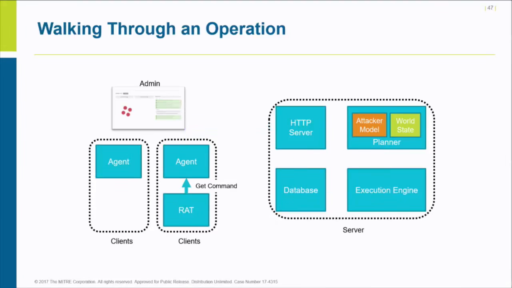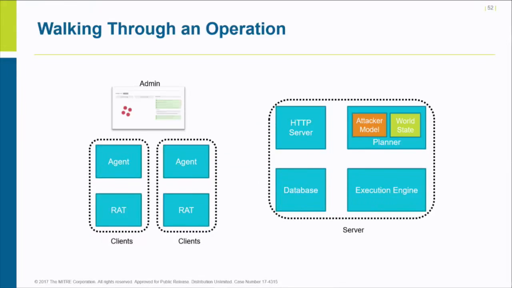Then the rat will ask for a command to execute, and that gets passed through the server and makes its way to the planner. Now the planner has to start thinking about what makes sense to run, what command to issue, what step to execute during this operation. Once it makes a decision, in this case maybe it wants to do SC create, to create a service to laterally move, it'll pass that decision all the way down to the agent, and then the agent issues that command to the rat.